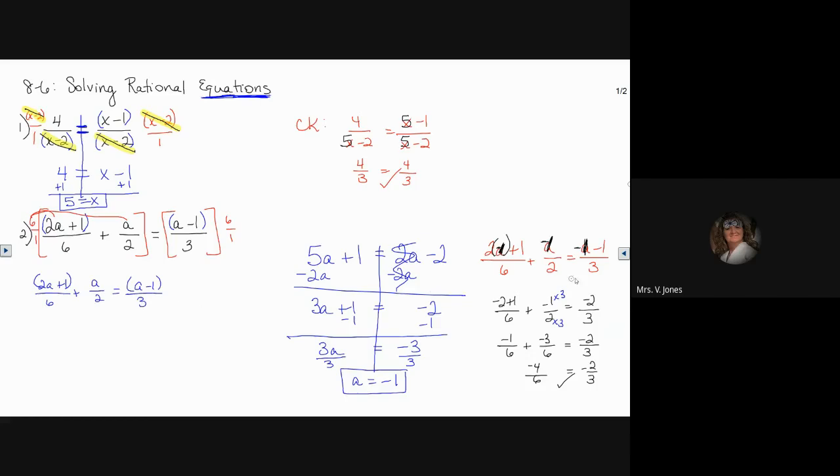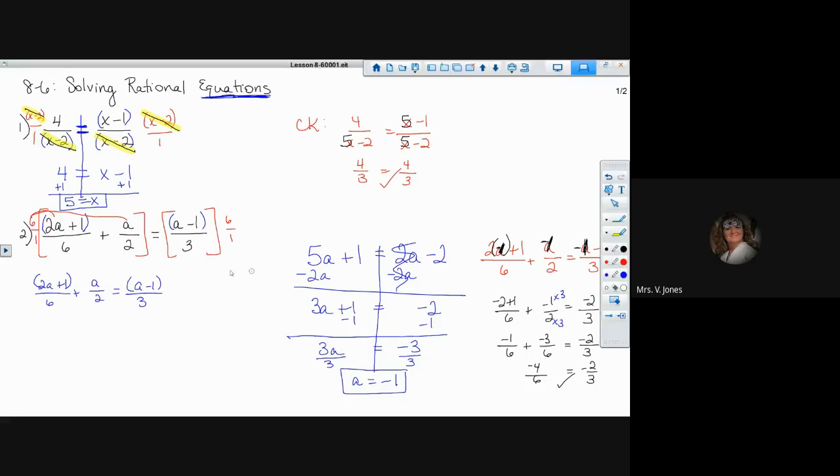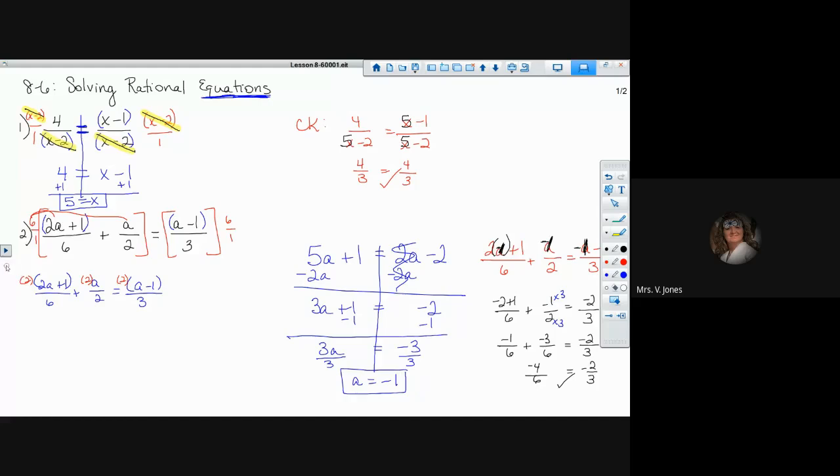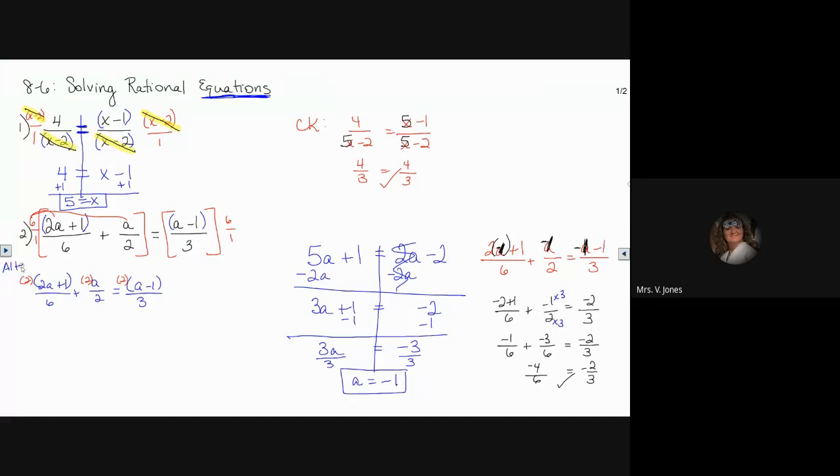Let's say that someone decided they wanted to get rid of the 2 first. Okay, so they would multiply each term by 2 all the way across the equation. So this is an alternative way to do the problem. Okay, and you're going to see why.